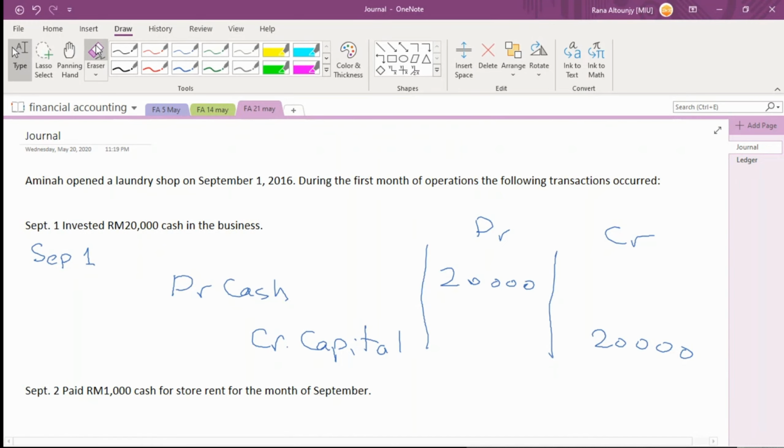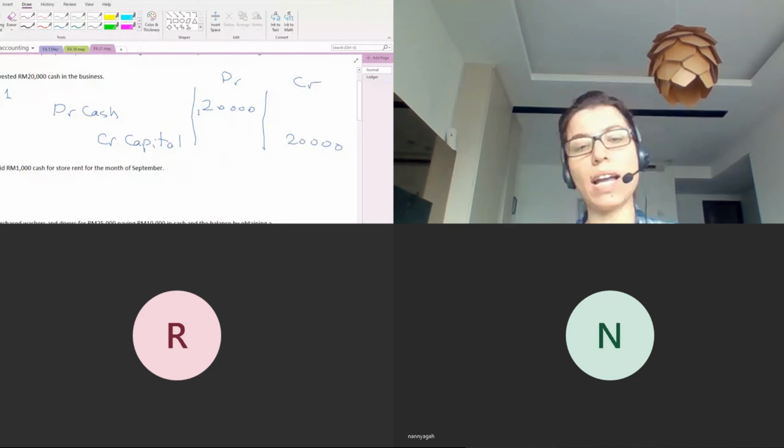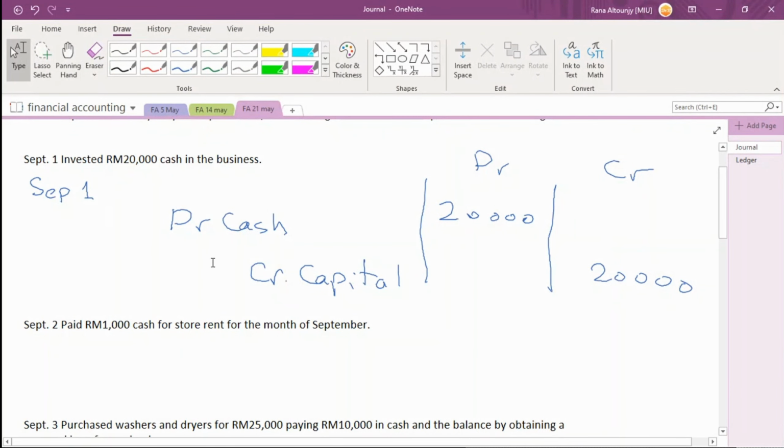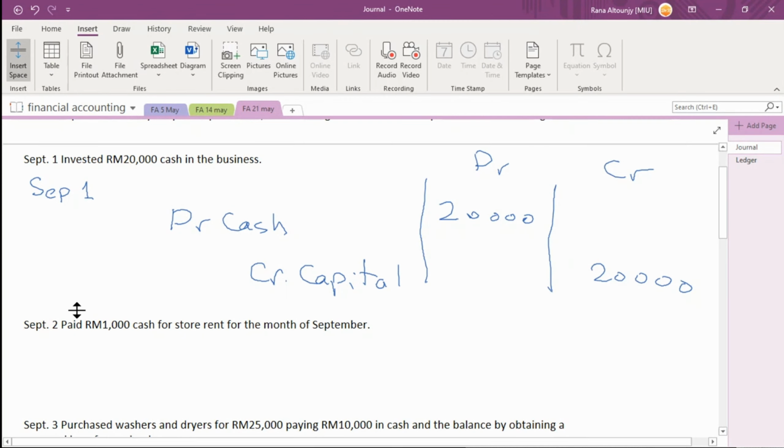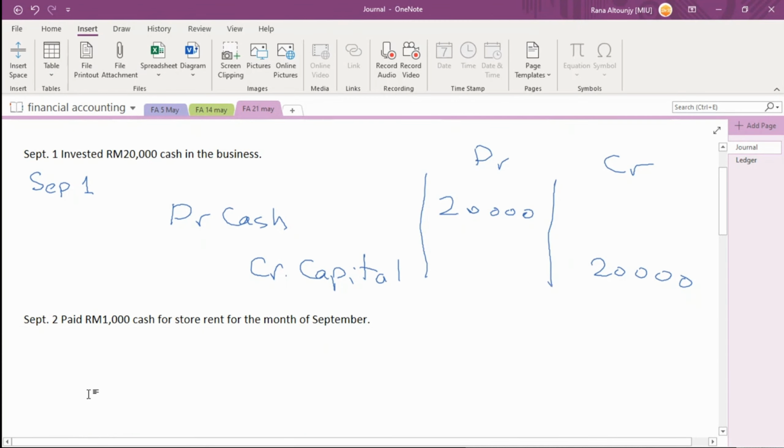We need to mention the date. We need to mention the debit side, the credit side, the amount. Those are the items which we have to include in our transaction. As I mentioned, like this, we write our transaction. We put the date, we put the debit and credit side, and we put the amount. Those items are very important when we are writing our transaction in the journal.